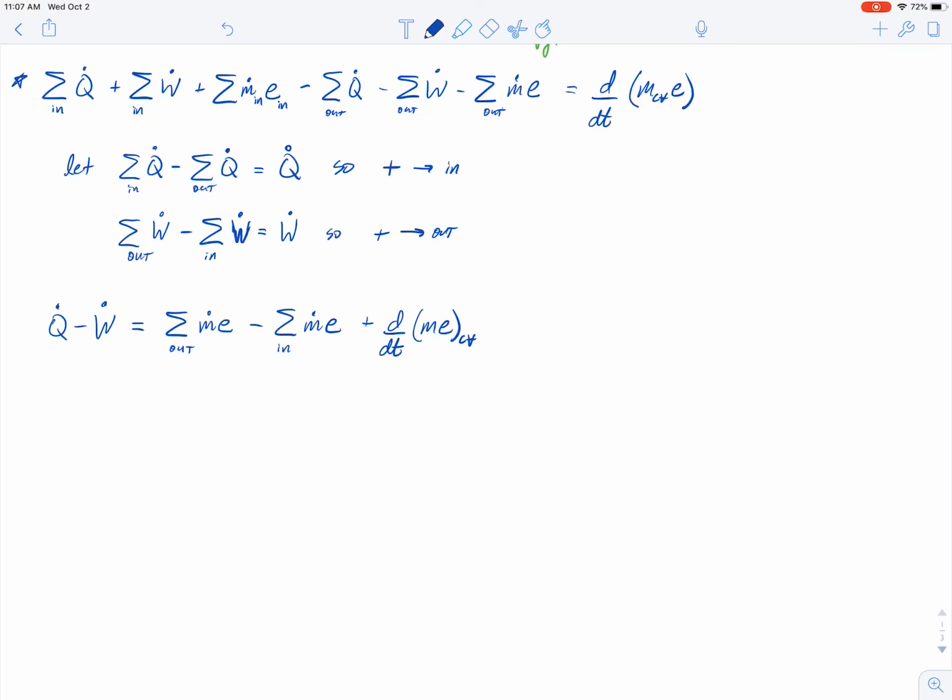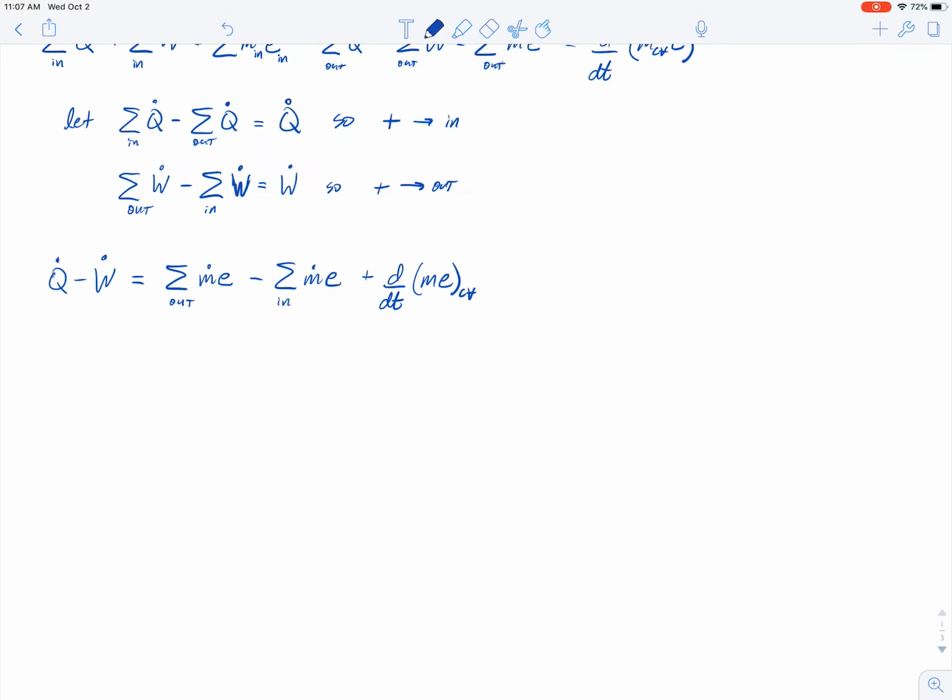Okay, let's explore the energy terms on the right-hand side a little bit further. To do that, let's look at the sum of mass flow rate times specific energy. Well, that's occurring over a portion of the boundary.